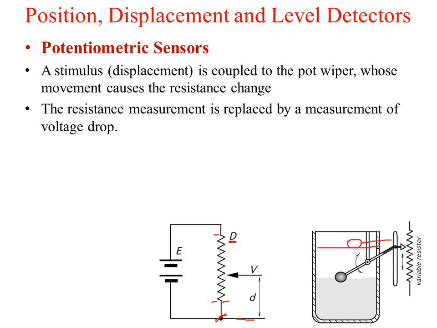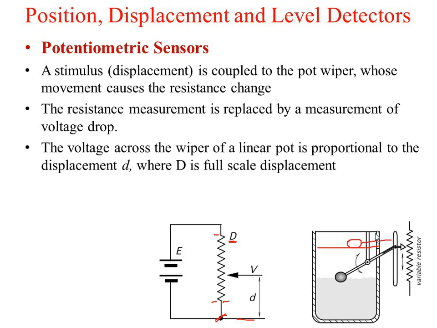If a particular threshold is obtained, you can switch off your motor with the help of electronic or interfacing circuitry. That is how this linear variable resistor can be used for measuring the level of your tank. The example is shown over here.